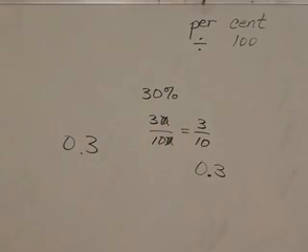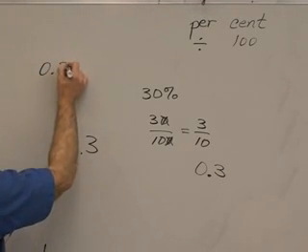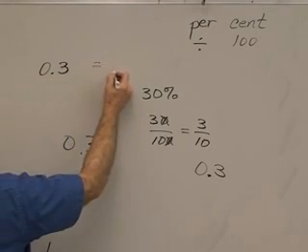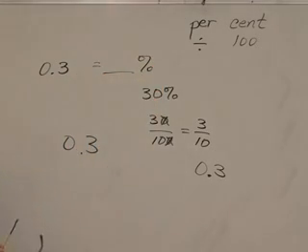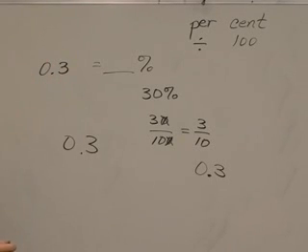Now, how do we change a percent to a decimal? We have a little shortcut, don't we? If I say 0.3 is what percent? Well, the shortcut is move the decimal 2 places to the right, isn't it? Now, here's where we have to be careful.